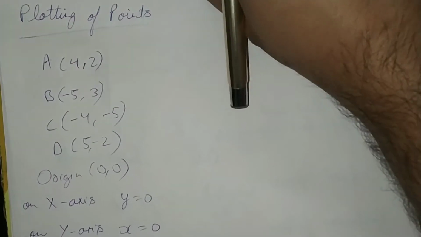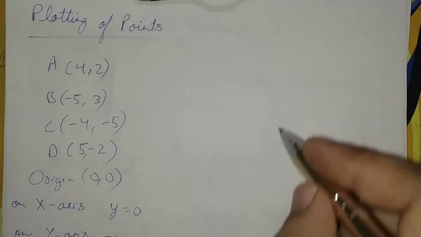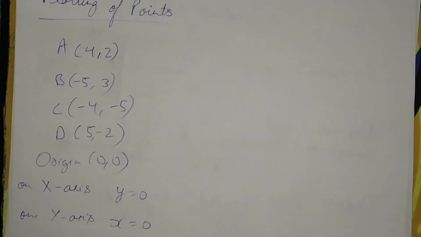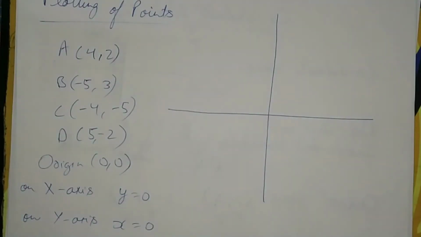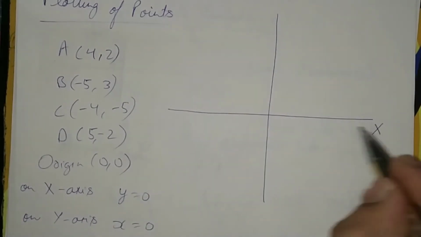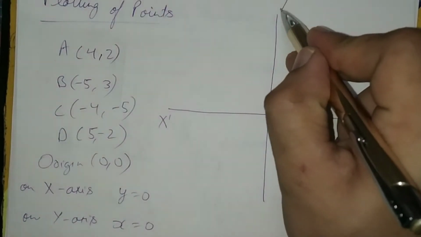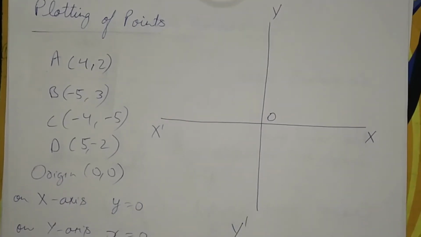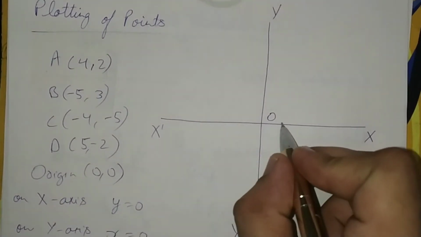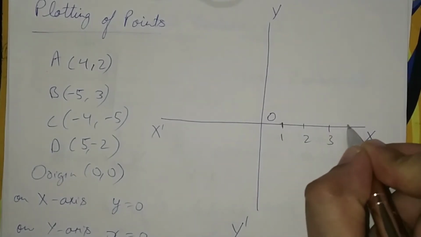Okay. Now we will try to plot some points. You all are having graph books with you. In the middle of the graph paper, mark 2 lines like this. This is your x, this is your x dash, this is your origin O, this is your y, and this is y dash. Then leave one box, then write 1, 2, 3 and 4.